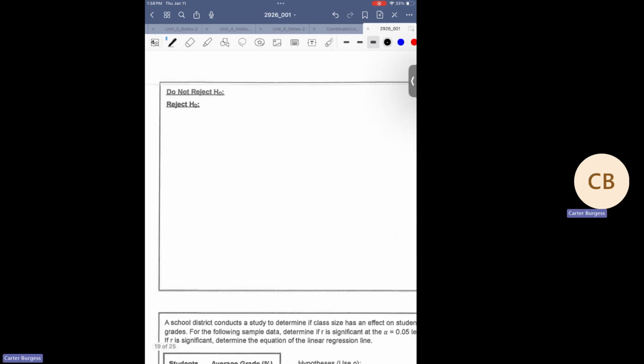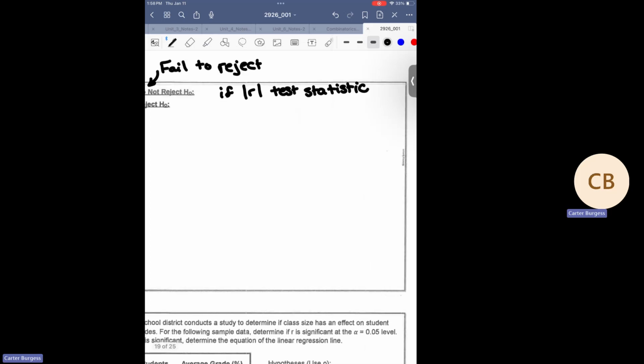We do not reject, or I will often say we fail to reject, if the R, and technically it's the absolute value of the R, if the R value, the test statistic, which is the one that we get from our data, is too weak.